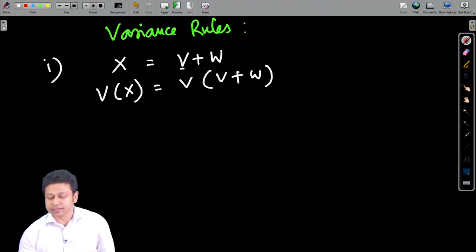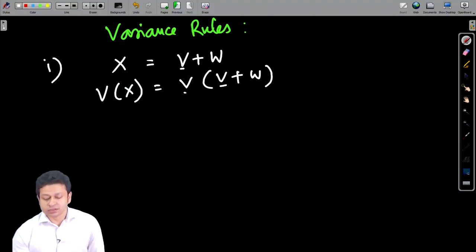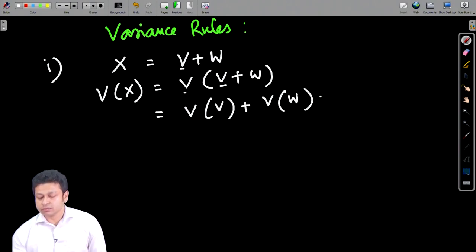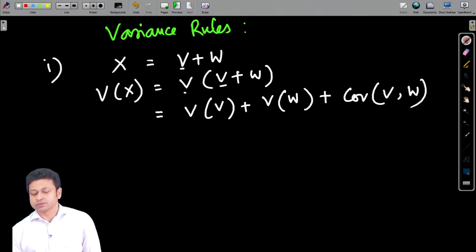Just note that this v is a variable and this V is the term for variance. They are different. So, what I will have is V of v plus V of w plus 2 cov v w.